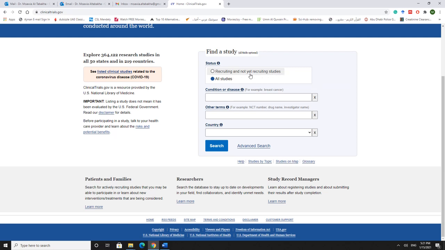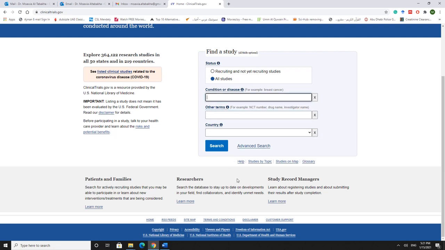Okay, I can choose here. Oh, I want to know about all studies. Then I can add the condition or the disease. I can add in which countries.